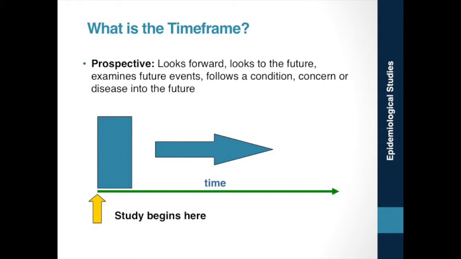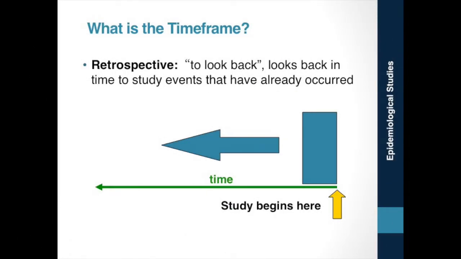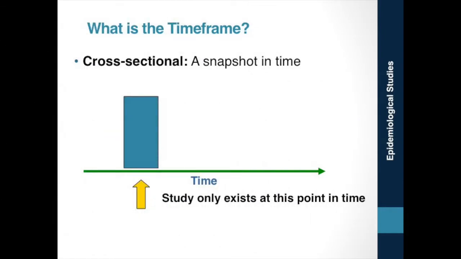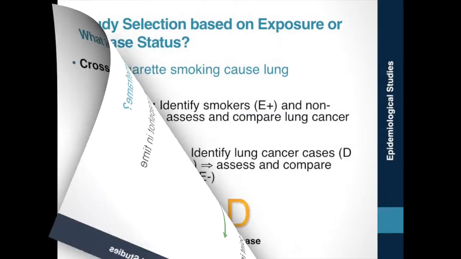Individuals are defined according to their exposure status and then they are followed over time. In retrospective studies, you look back in time to study events that have already occurred. The cross-sectional is a snapshot in time, so the study exists on a single point in time.